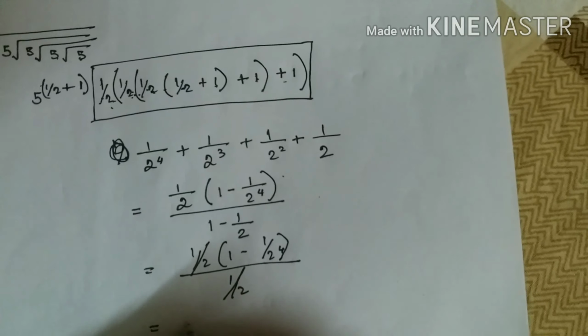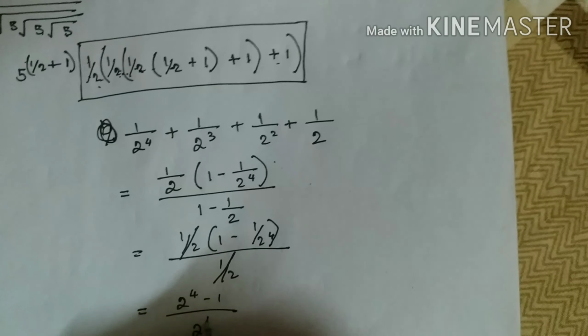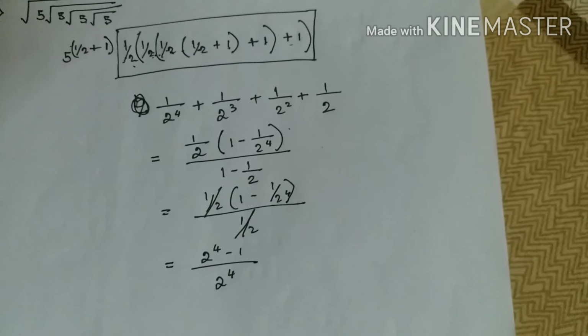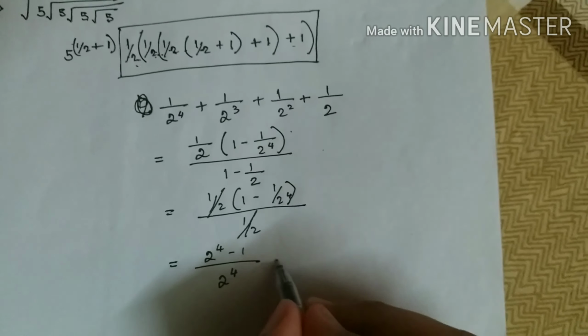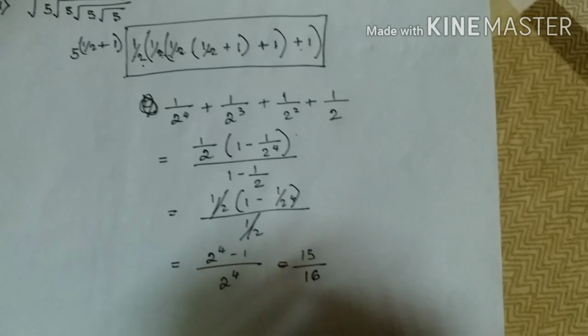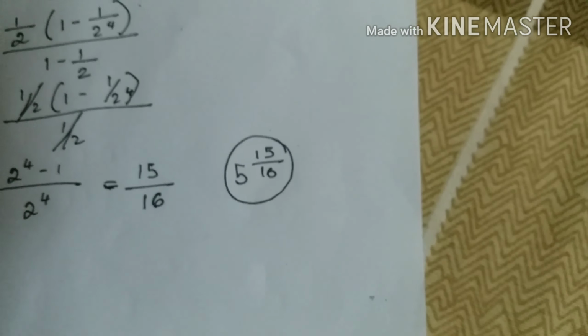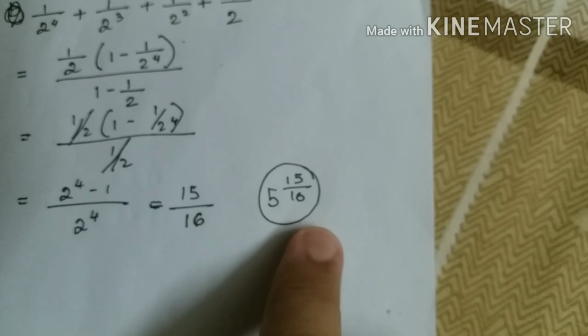Now it gives us 2 to the power 4 minus 1 by 2 to the power 4, which is 15 by 16. Okay, so the answer will be 5 to the power 15 by 16.